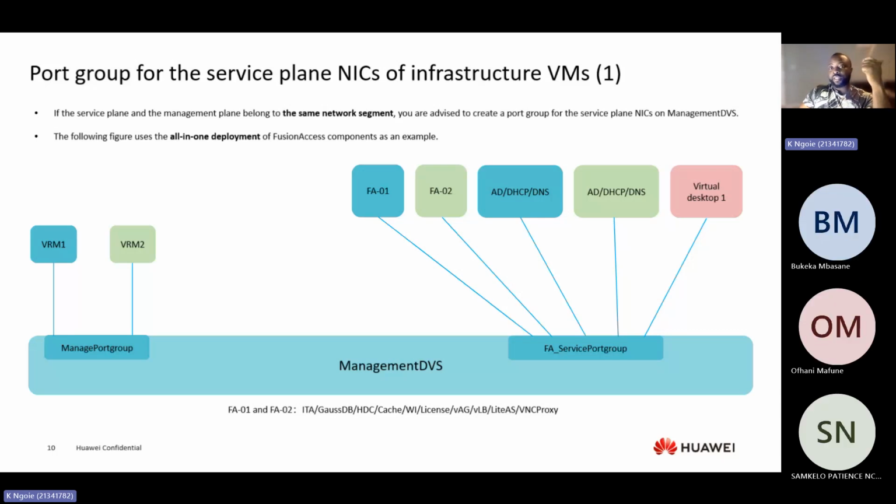Since the service plane is in the same network segment as the management plane, its NICs can safely use the same DVS. We're using the same DVS. This will avoid unnecessary complexities such as additional DVS and additional VLAN. So it ensures that we have stable and strong communication between the infrastructure virtual machines.